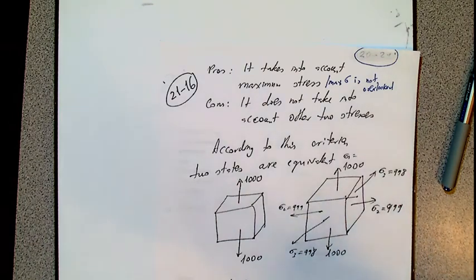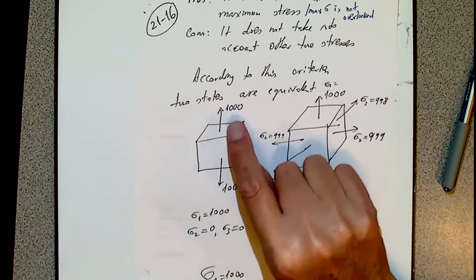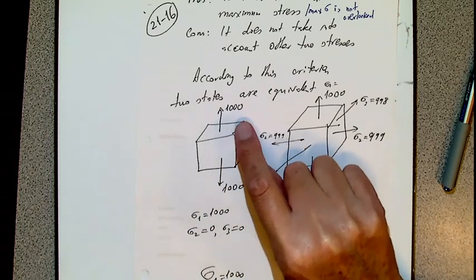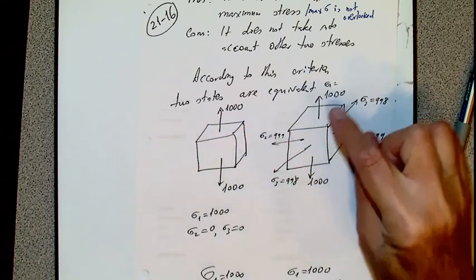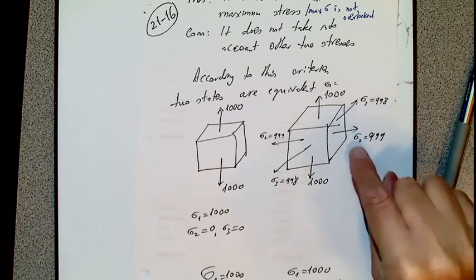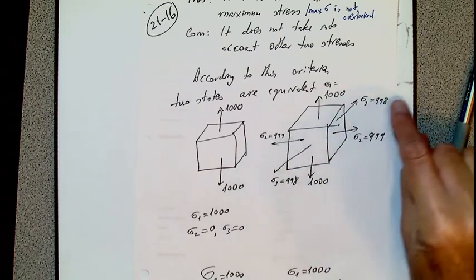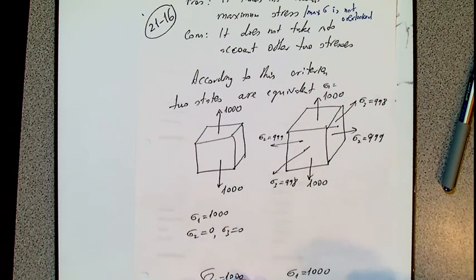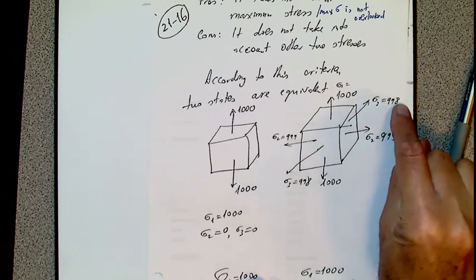So according to this criterion, imagine there is an element that has only one uniaxial stress, 1,000. And here is 1,000, here is sigma 2 equals 999, and sigma 3 equals 998. So Rankine does not care about this 999, 998.